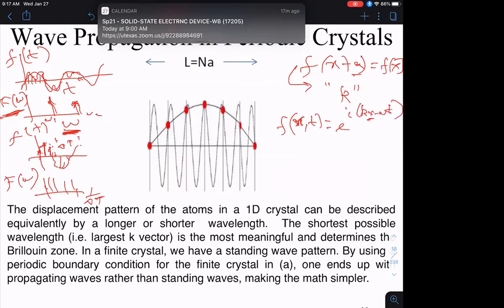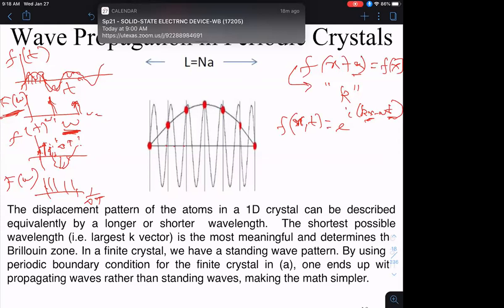Okay, so x and t are, of course, the spatial and time domain terms, and k is sort of the Fourier transform conjugate in the space domain, and omega the Fourier transform conjugate term in the time domain. All right. So an example of such a wave propagating in a crystal is shown in a cartoon view over here, where these red points might be the atoms, which are initially at the lattice locations, okay?